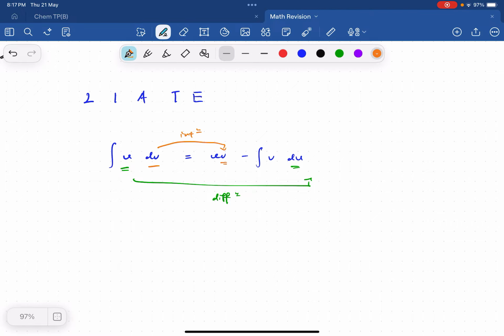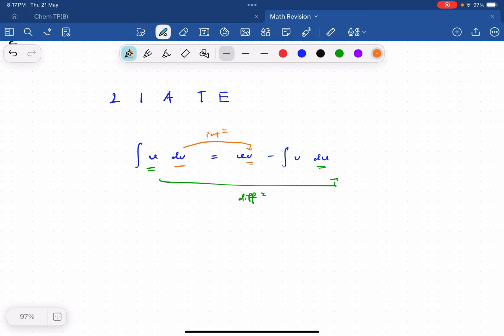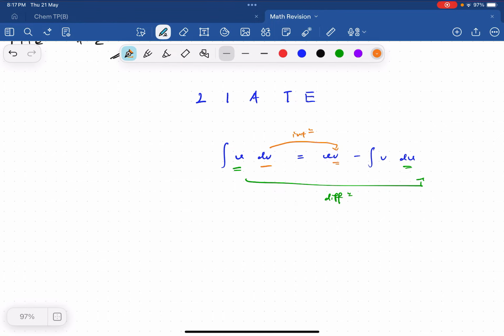So v is the function that you are going to want to integrate because it can be integrated. u, on the other hand, is the function that you would much rather differentiate than integrate, because u, by nature of the function, is a lot harder to integrate than v. So that's why this is my priority order for picking u, LIATE.